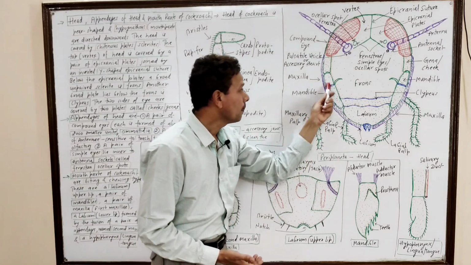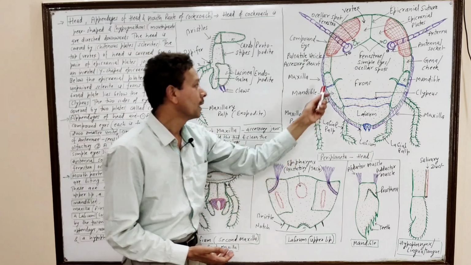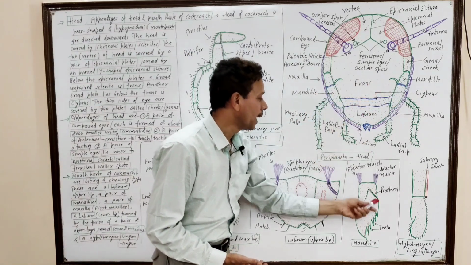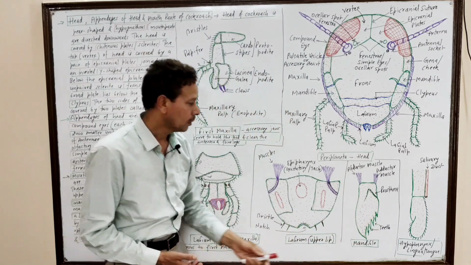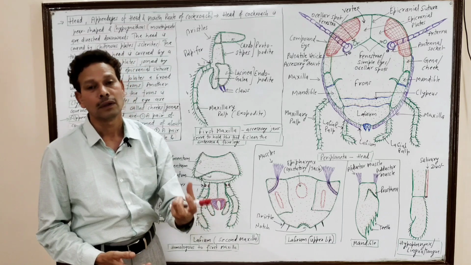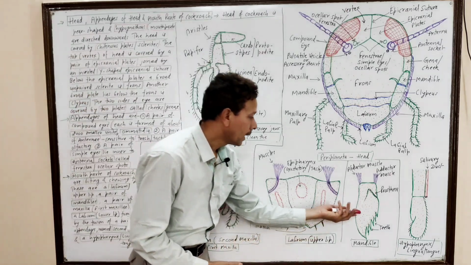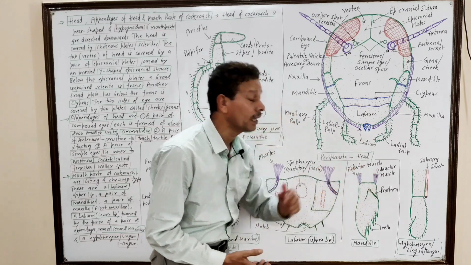Then a pair of mandibles in mouth parts, and here is the structure of mandible that consists of conical teeth, and its movements are controlled by two sets of muscles, abductor and adductor.